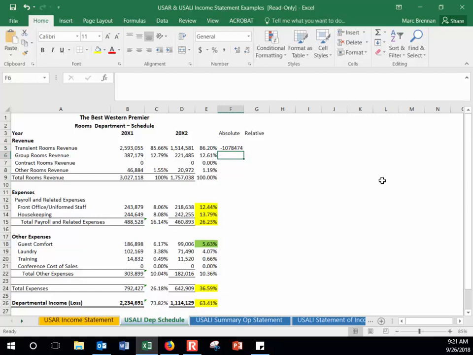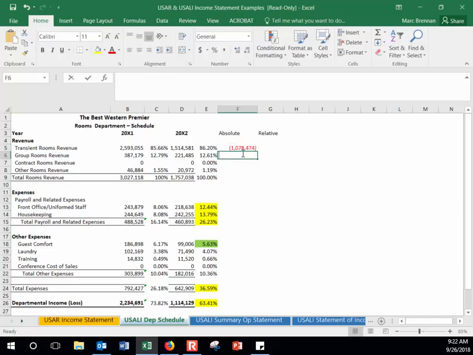And that would give us our absolute difference. We'll put a comma here so that we can see what's going on. It adds commas so we can read this number a bit easier. So we're down. Remember, brackets mean negative. We can highlight this in red if we want. That's negative. That's not a good thing.